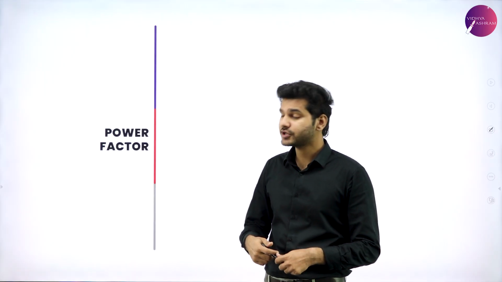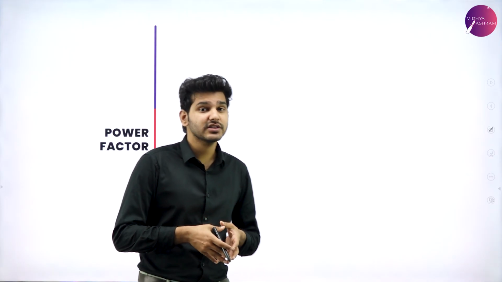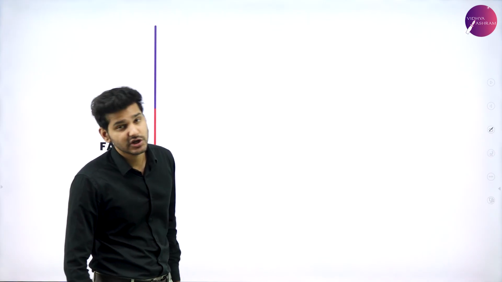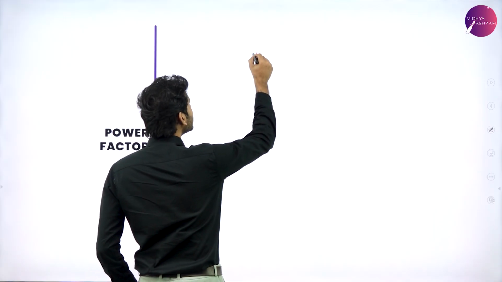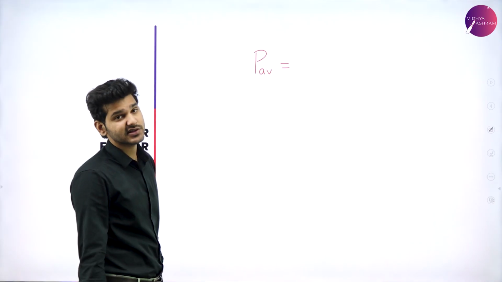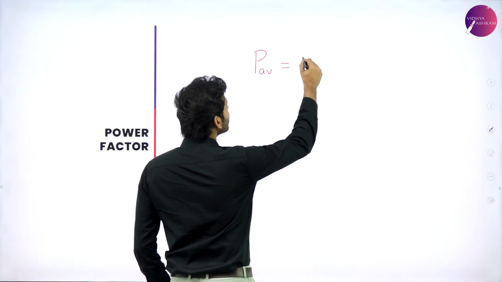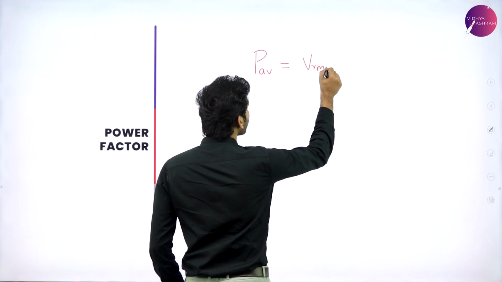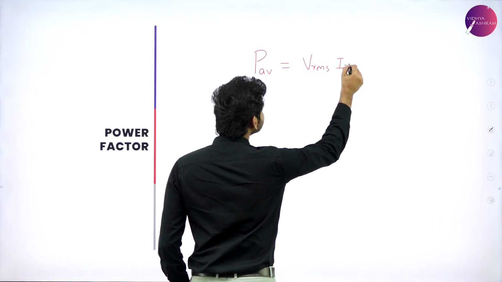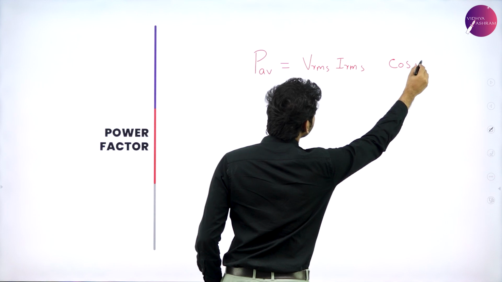Now, since we are talking about power, I thought I'll introduce you to power factor. So what exactly is this power factor? For that, we need to take down the equation for power once again. In the last class, we derived what P average was. P average is equal to Vrms into Irms into cos phi.